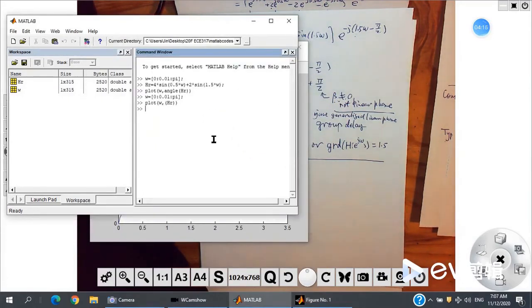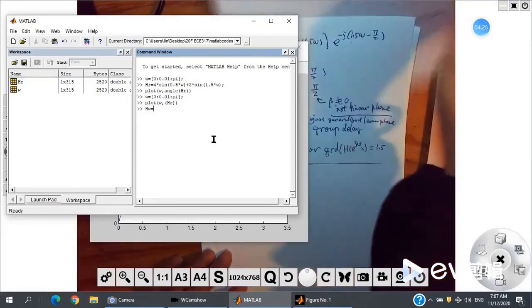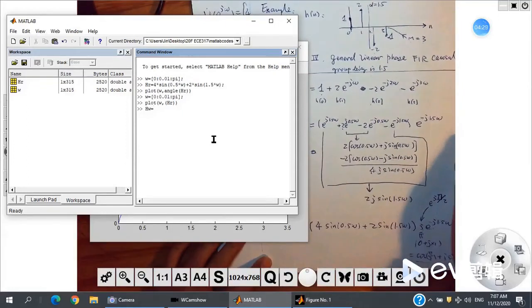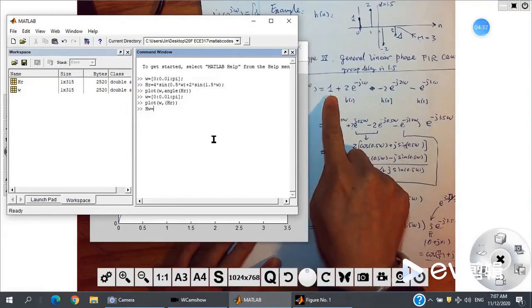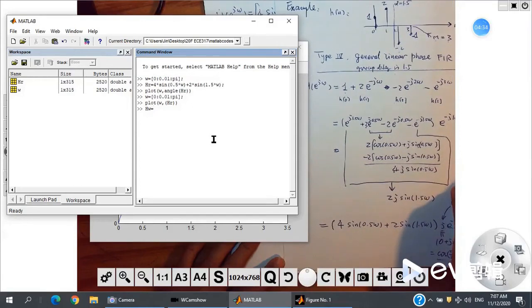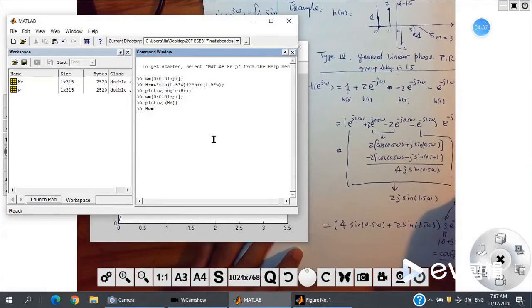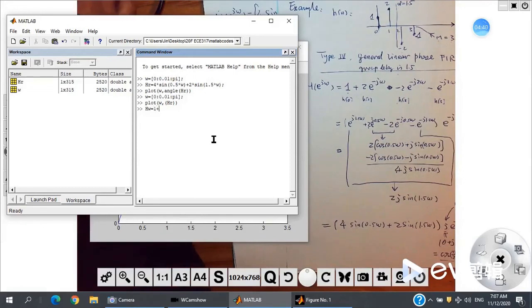So we can try H of omega. H of omega is 1 plus 2 times exponential power of negative j times omega.